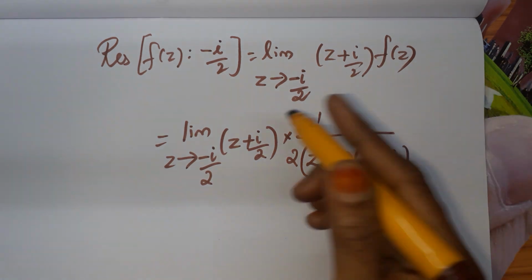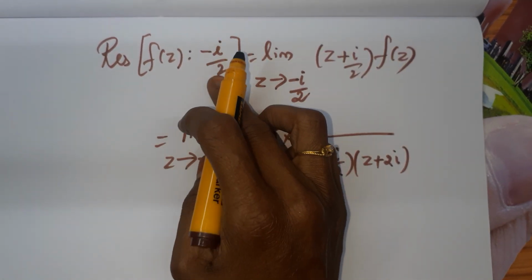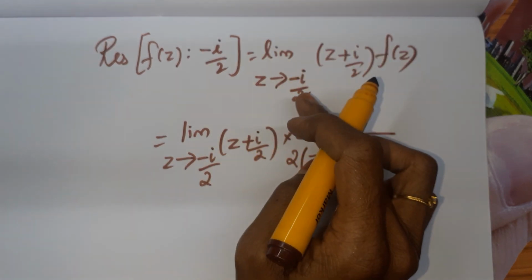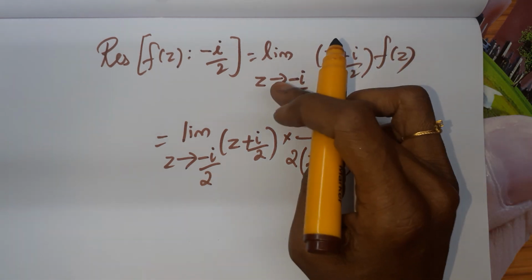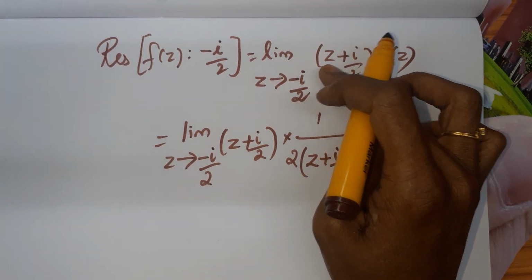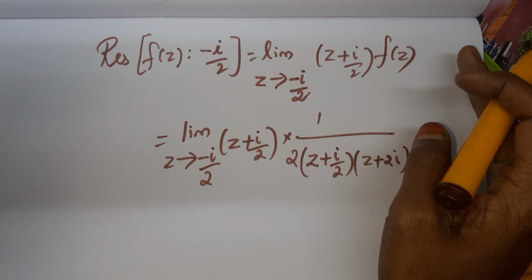So we are going to apply. We are going to find residue of f of z at the pole minus I by 2. And this is the first formula we have: limit z tends to a, z minus a into f of z. That formula we are going to use. So a is minus I by 2. So z tends to minus I by 2, z plus I by 2 into f of z. What is our f of z here?